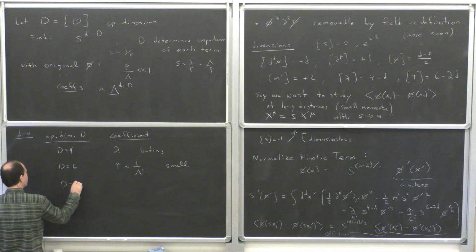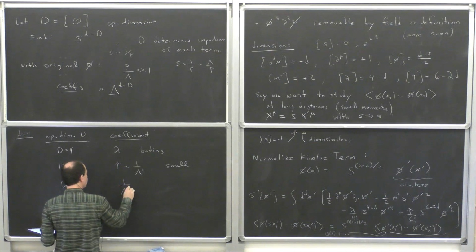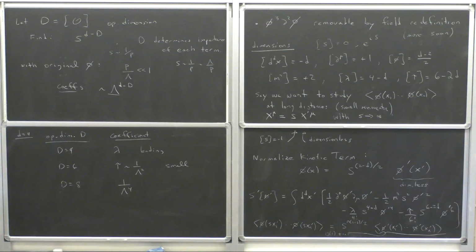And I didn't write down D equals 8 or higher terms, but you can kind of intuitively see that I'm just going to get more and more powers of lambda downstairs that are compensating for the dimensions of the operator. The dimensions of the operator are kind of tracking the physics within the effective field theory. The dimensions of the operator are describing the dynamics in the effective theory. So those dimensions are related to the p's.